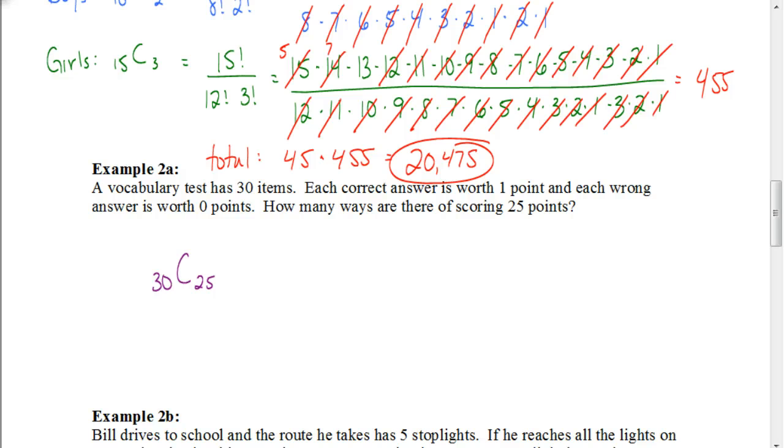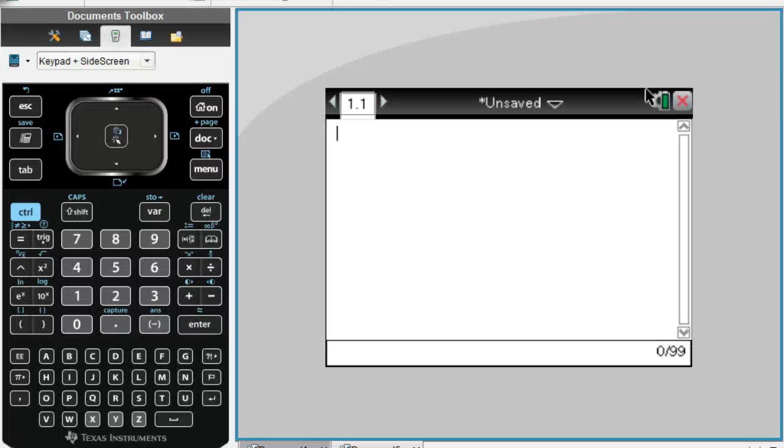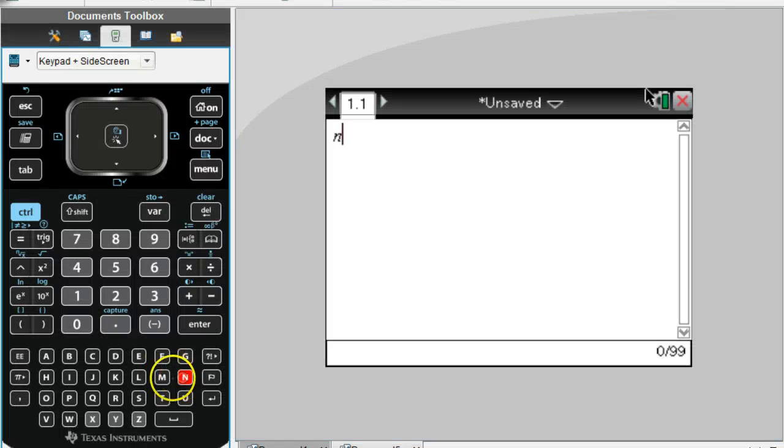Now, I'm going to show you how you can use a calculator. What we're going to do is type in nCr, meaning we're telling our calculator that we have n items and we're choosing r of them. In parentheses, we're going to say what the actual numbers are. So there's 30 questions.